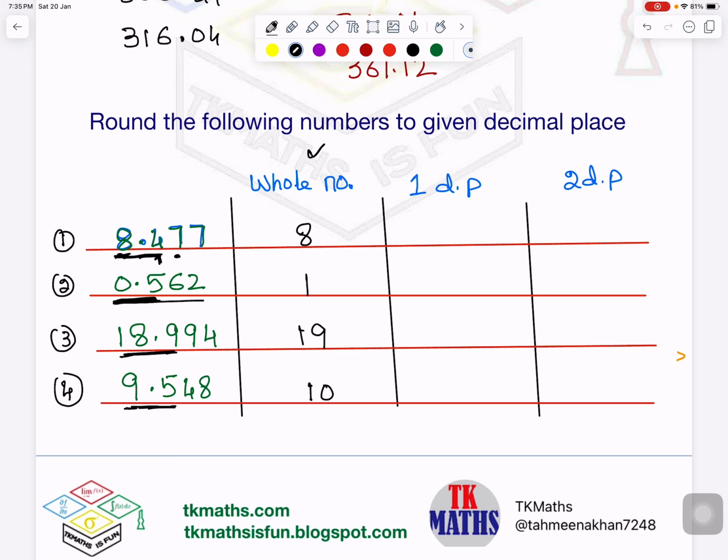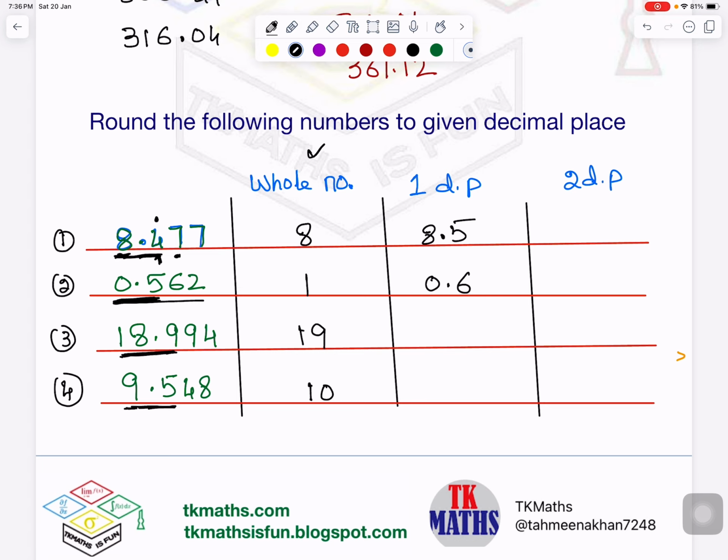It is 7, which is more than 5, or 5 if it is, then this will increase by 1 number. So it is 8.5. Similarly, I have to stop at 1 decimal place. So digit after this is 6. So 5 will increase by 1. It will become 0.6. I hope you are understanding.